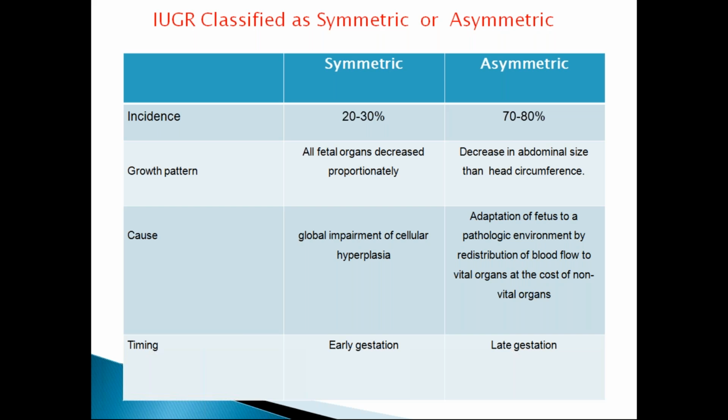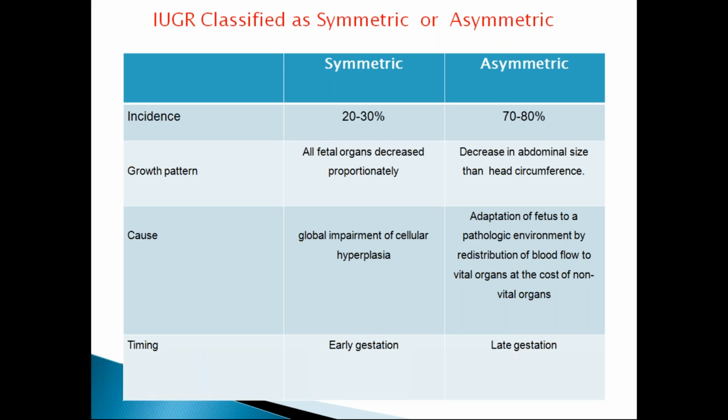And here the abdominal size is relatively less than the head circumference. Causes again include impairment of hyperplasia. It may be a genetic condition, structural or racial factor. But here it is pathological: placental implantation problems, lack of nutrition.